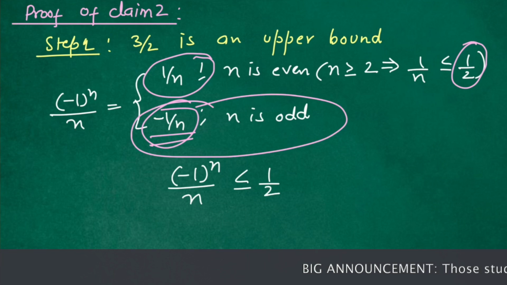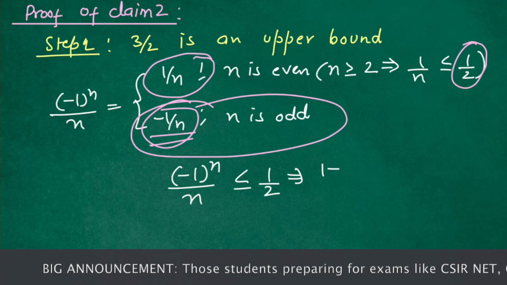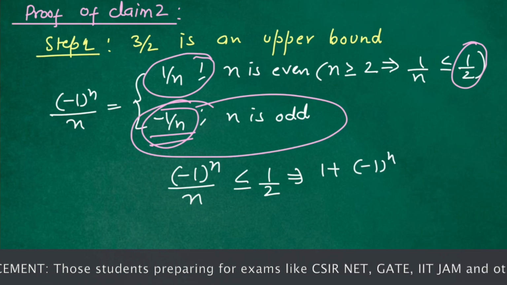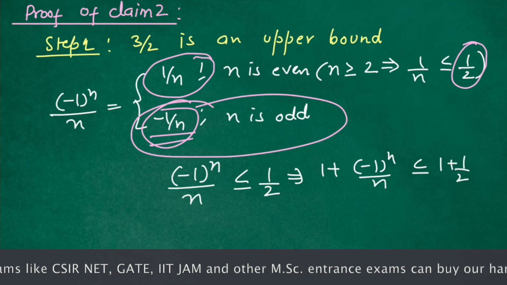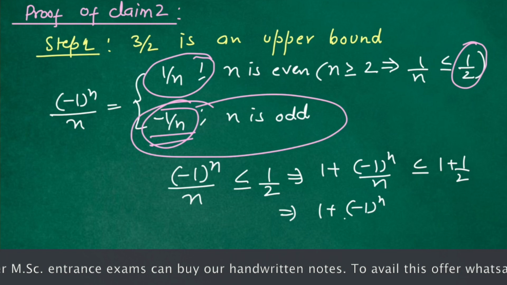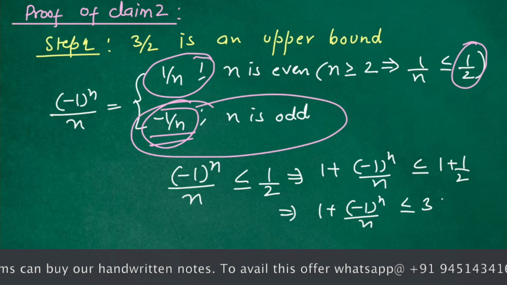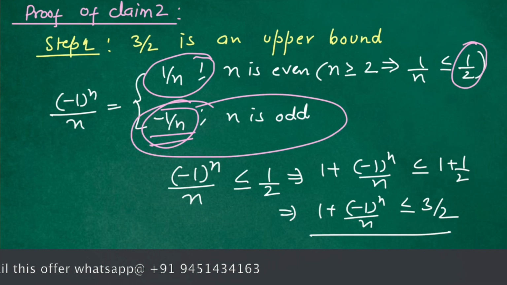Now adding 1 on both sides, 1 plus minus 1 raised to power n over n is less than or equal to 1 plus 1 over 2, that is, 3 by 2. So this 3 by 2 is an upper bound.